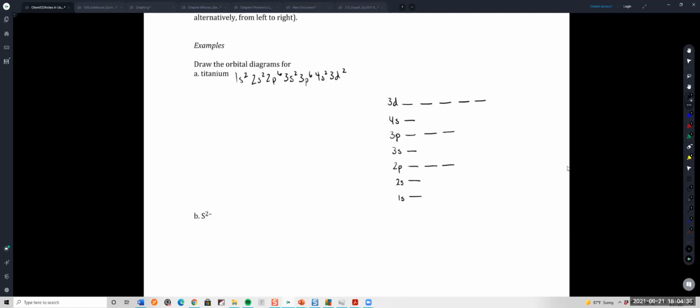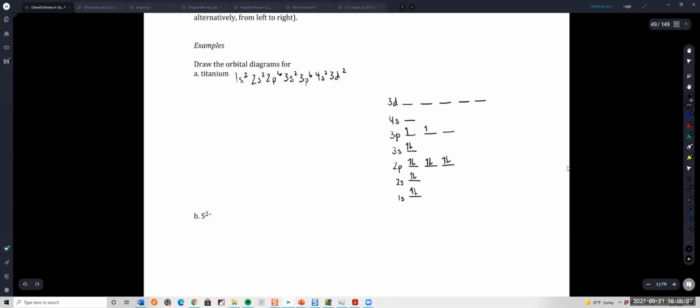So 1s has 2, so spin up, spin down. 2s has 2 electrons, spin up, spin down. 2p would fill these electrons one by one, up, up, up, down, down, down. 3s has 2 electrons, up, down. 3p has 6 electrons.